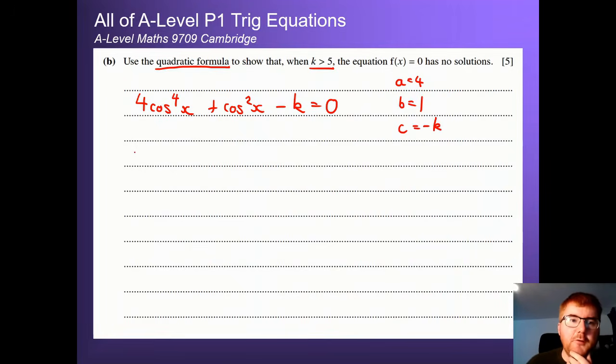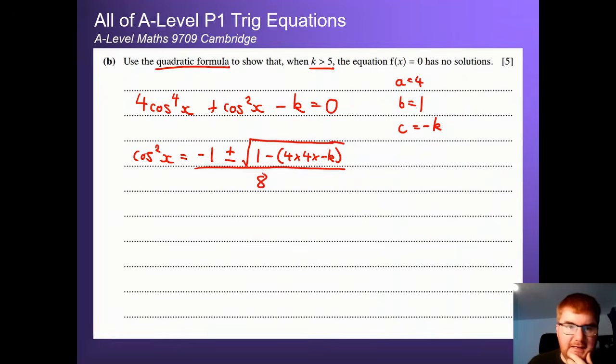So if I use the formula here to work this out, cos squared x is equal to minus b, so minus 1, plus minus the square root of b squared, which is 1, minus 4 times minus k, all over 2a, so all over 8 here.